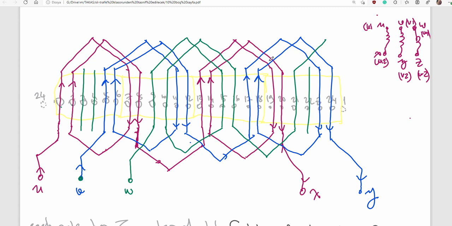Return is here. Let's say 1 and 1 prime. Let's say 1 to 1, and then come back here. Let's say 2. Here's 2, because the machine is cyclic. And then here's 3, entering here, and then finally that is the end.